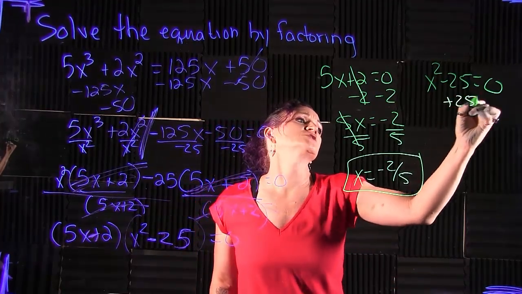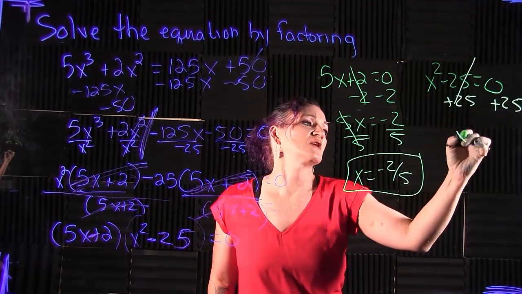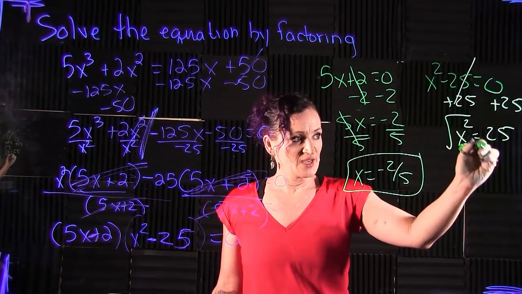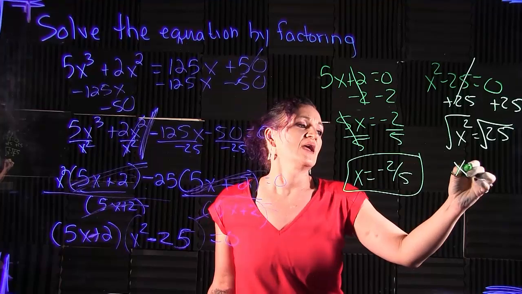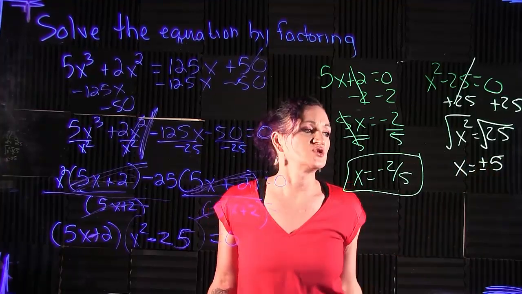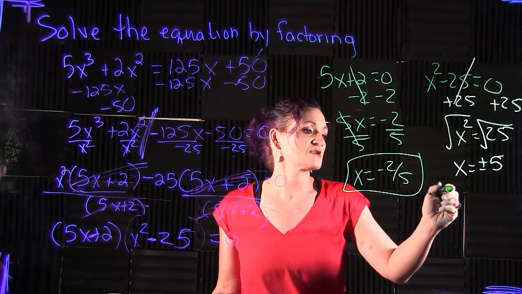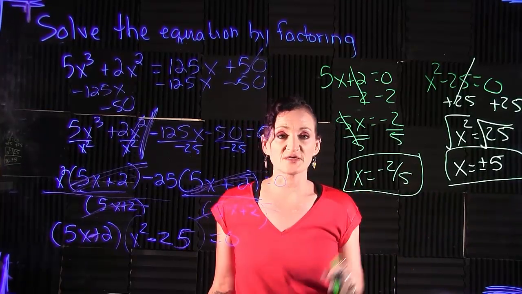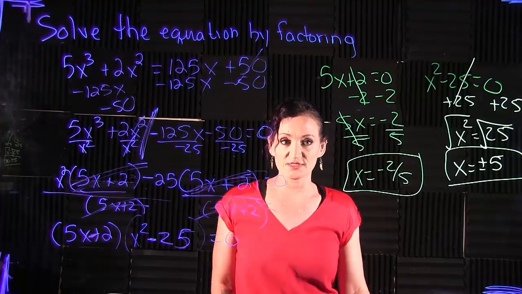For our second equation, add that 25 to the other side. We get x squared is equal to 25. Take the square root of each side, and x is equal to plus or minus 5. So negative 2/5, negative 5, positive 5 are our 3 solutions for this problem.